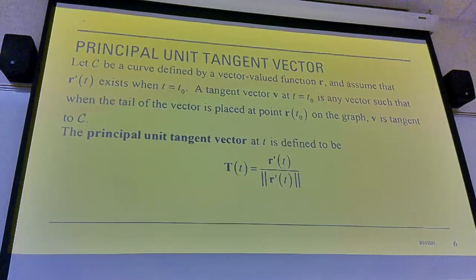That is what we call the principal unit tangent vector. And we represent it with a capital T. Oh boy. We are not going to like that vector for very long.